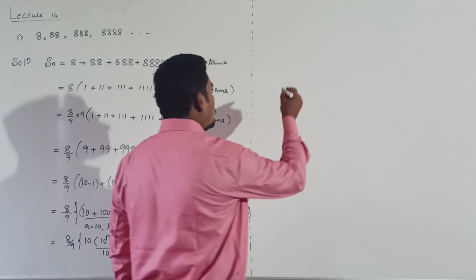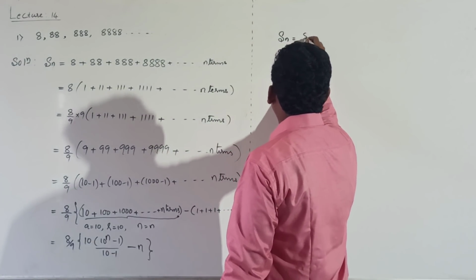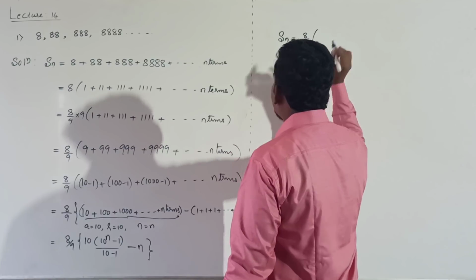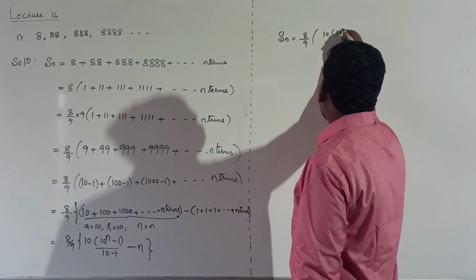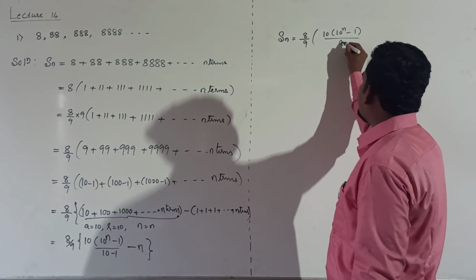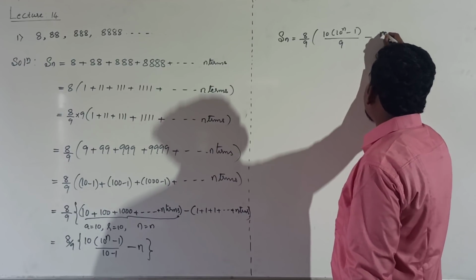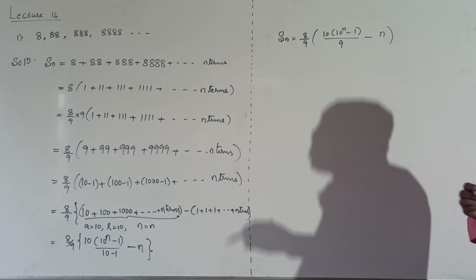After that, Sn equals 8 by 9 in bracket, 10 into 10 power n minus 1 whole thing divided by 9, minus n. This is our required sum.